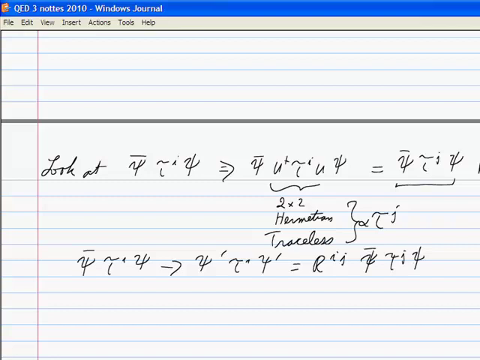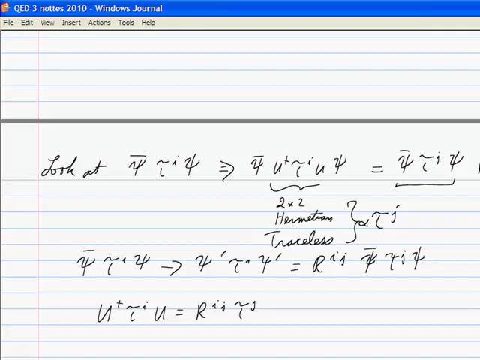Okay, and actually, you can figure out what R is. So we've said U dagger tau i U is this R_ij tau j. Since these are Pauli matrices, I can take the trace on both sides.